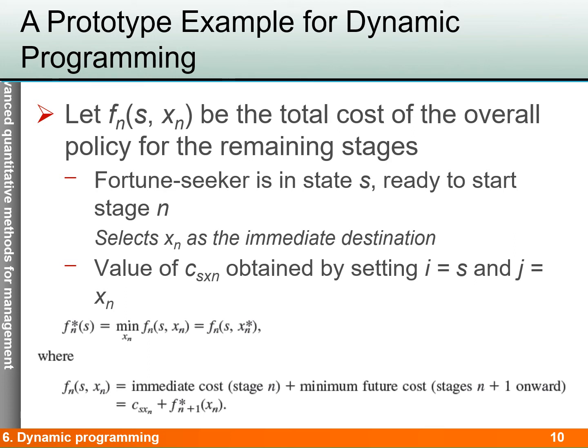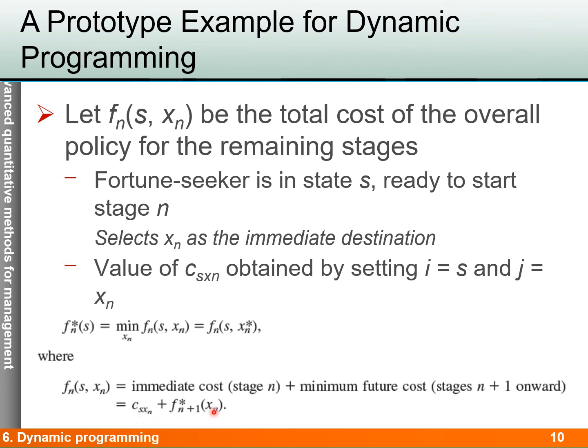So to conclude this item, I can say fn(s, xn) is the immediate cost of that stage, stage n, plus the minimum future cost from stage n plus 1 onward.